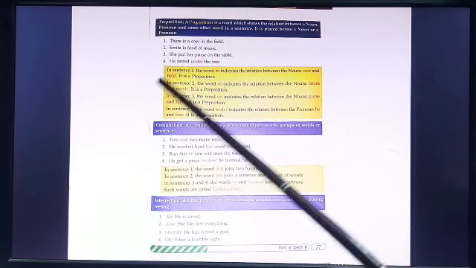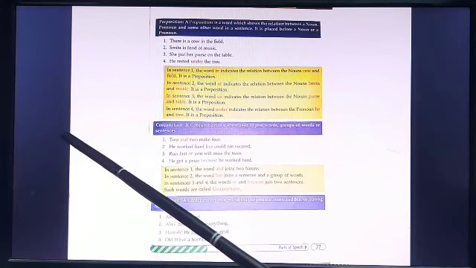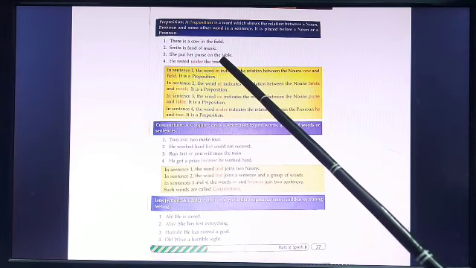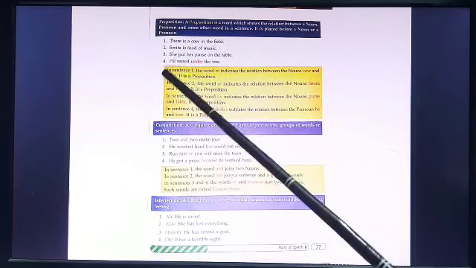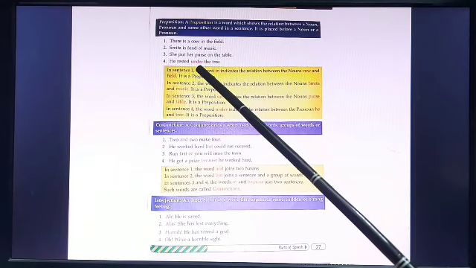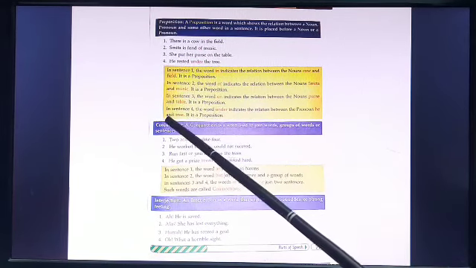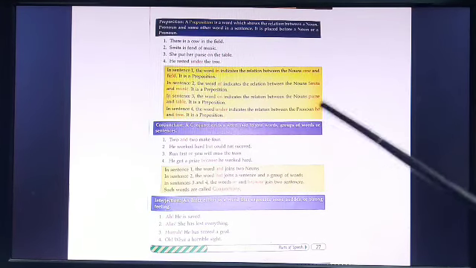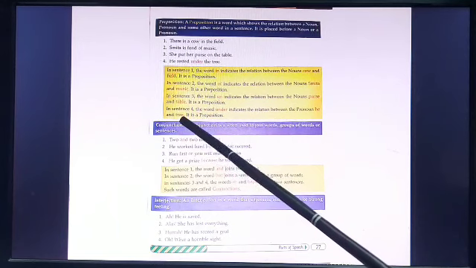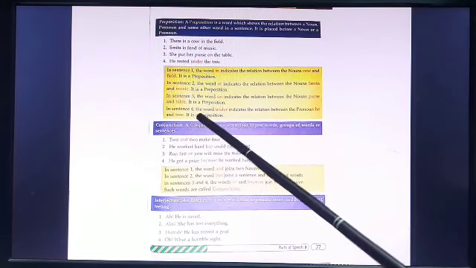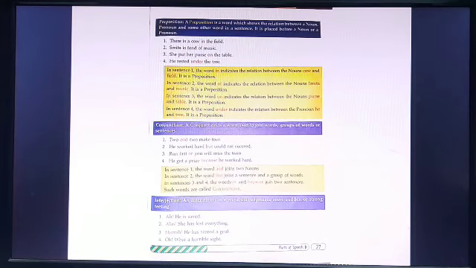He rested under the tree. So he is the pronoun here and tree is the noun here. The relation between he and tree is denoted by the preposition under. So in sentence 4 the word under indicates the relation between the pronoun he and the noun tree. It is a preposition. So we can see that a preposition is the position word of the noun basically, and also the pronoun.